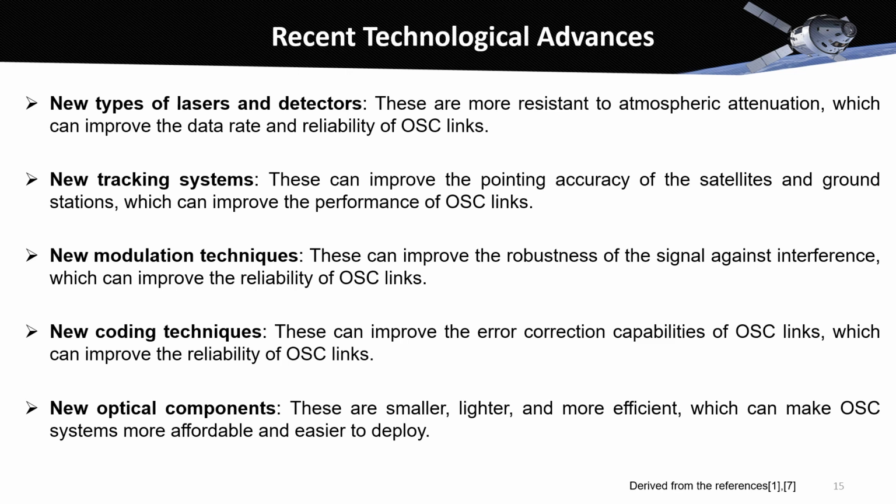These are smaller, lighter, and more efficient, which can make OSS systems more affordable and easier to deploy. For example, the use of micro electromechanical systems. MEMS technology can help to make optical components smaller and lighter. These are some of the recent technological advances in OSC.